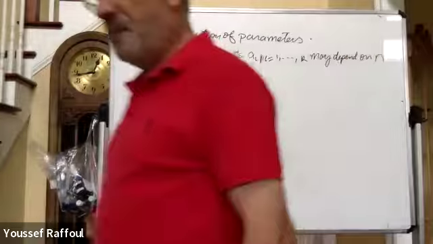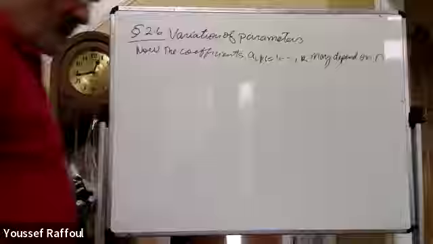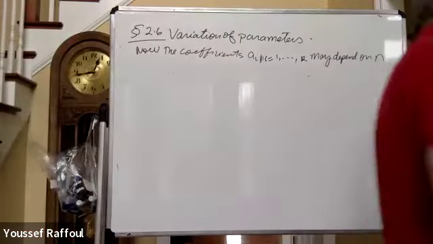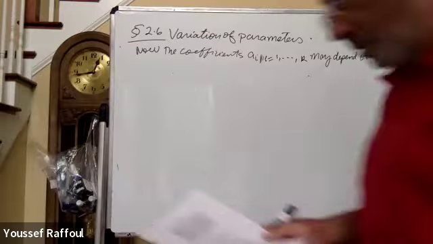You see, in the method we did before, the coefficients are constant. So for the method we just discussed today, the coefficients are constant in order for this to work.